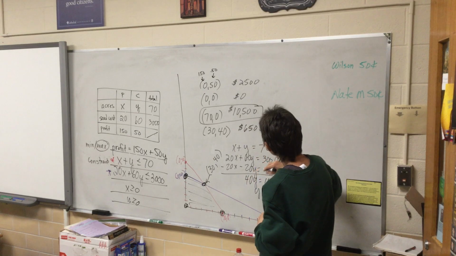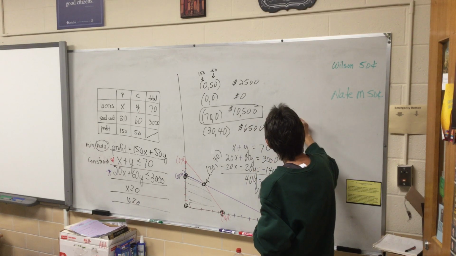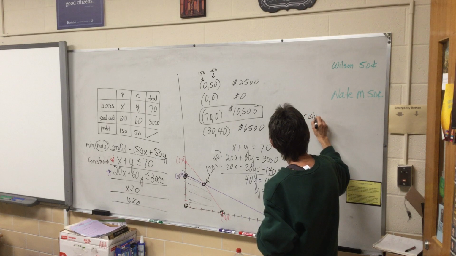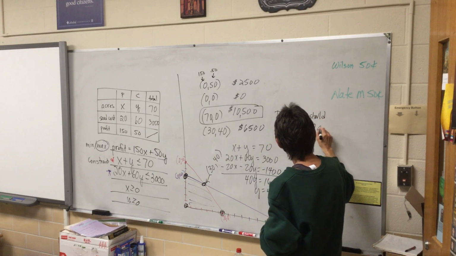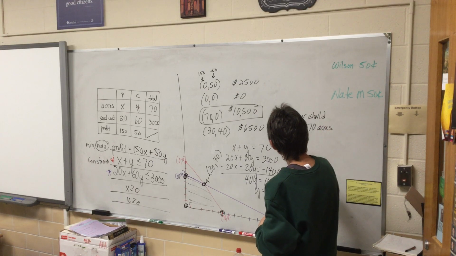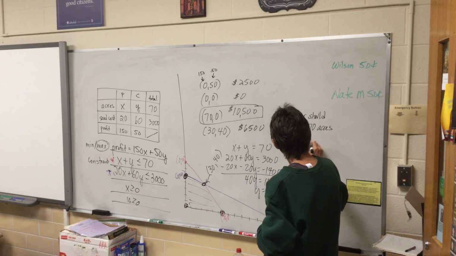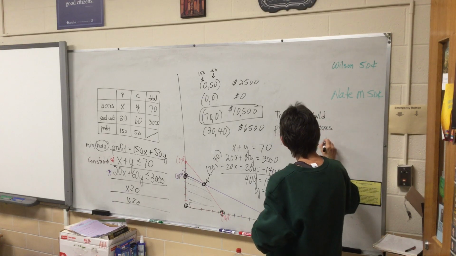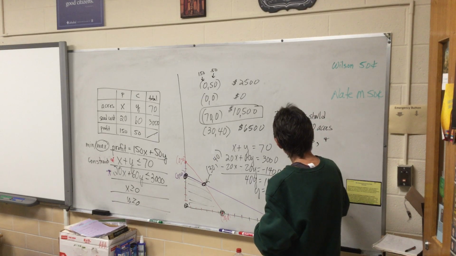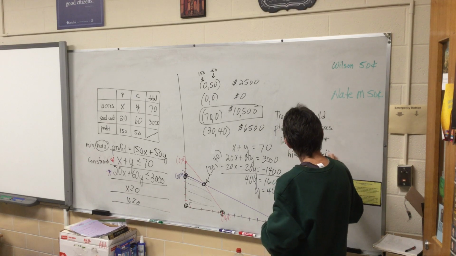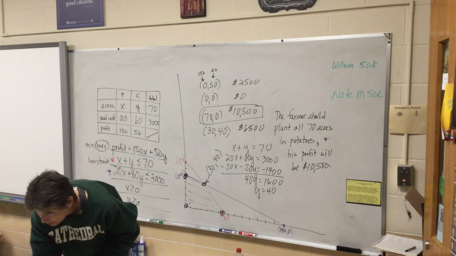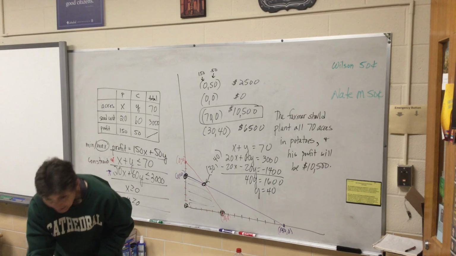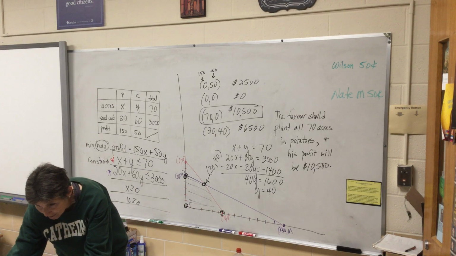So we're going to tell the farmer that he should plant all 70 acres in potatoes, and his profit will be $10,500. So we write a concluding statement that summarizes and answers the question.